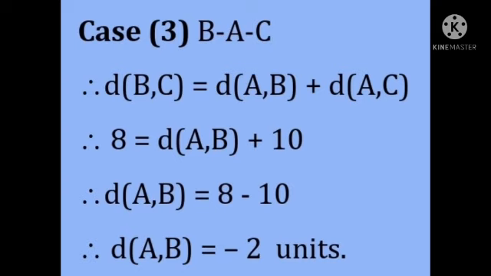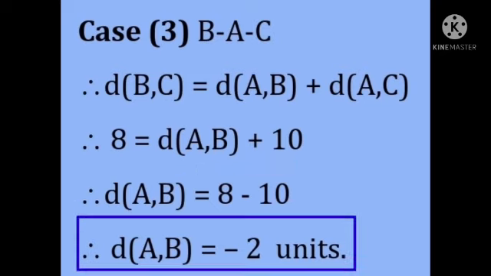Therefore, distance of BC is equal to distance of AB plus distance of AC. Distance of BC we know, 8 is given, that is equal to distance of AB plus 10. Therefore, distance of AB is equal to 8 minus 10, that is equal to minus 2 units.